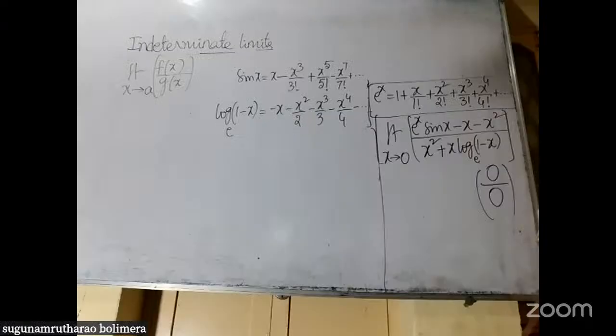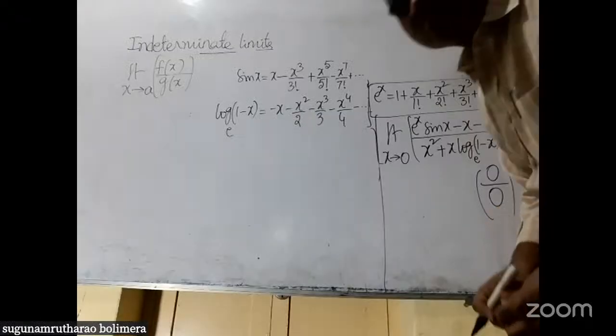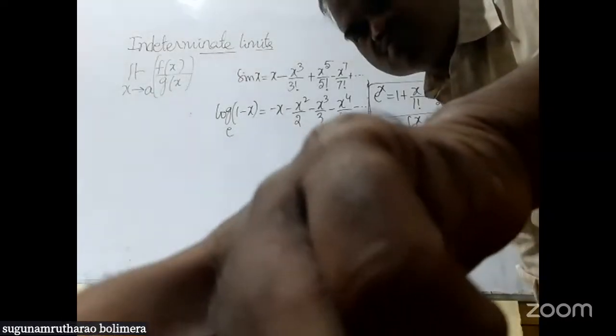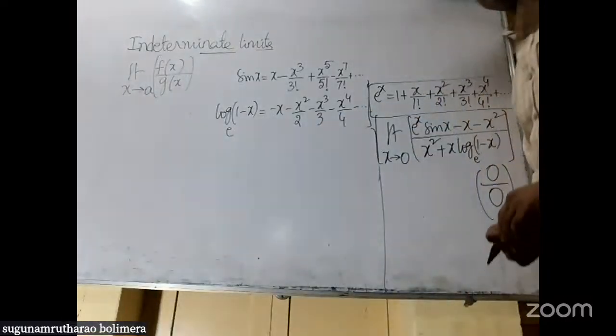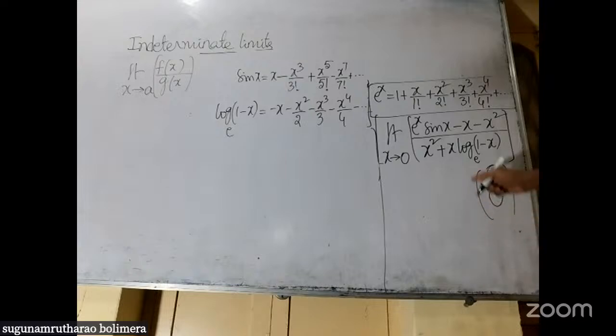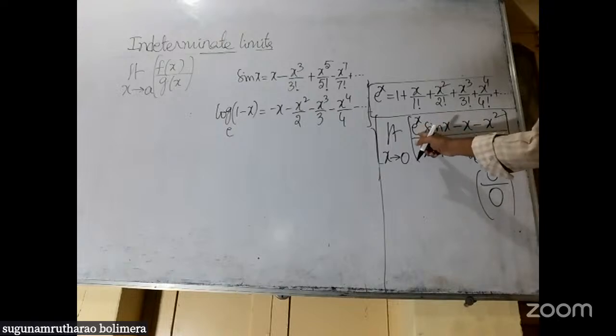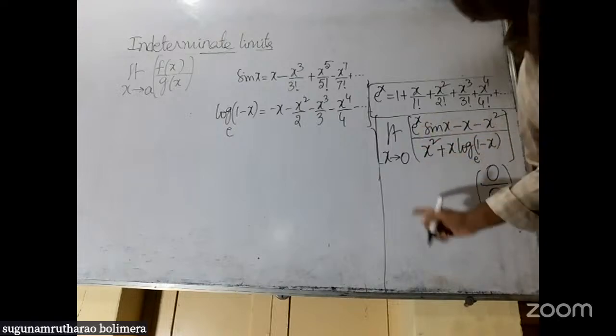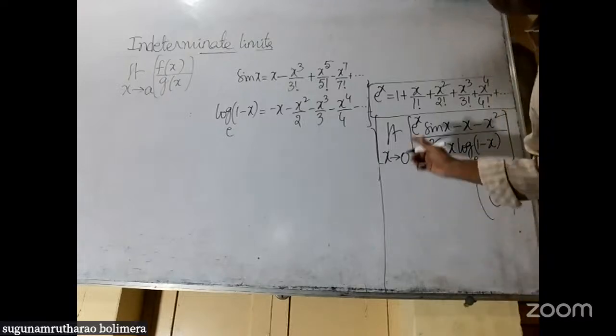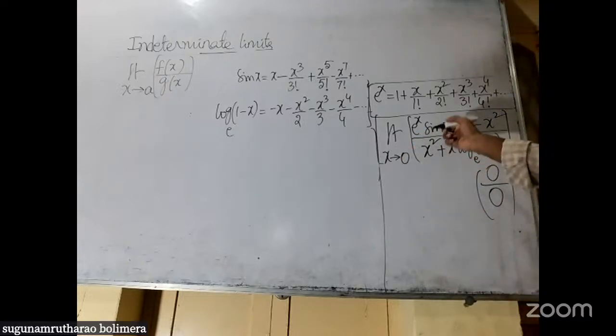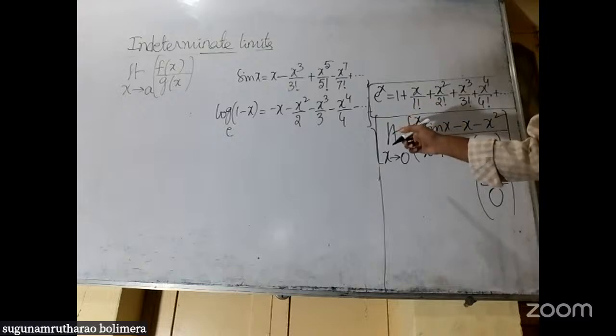If you keep on doing L'Hospital's rule, then what will happen if you differentiate e power x into sin x? The derivative is e power x into cos x plus sin x into derivative of e power x.